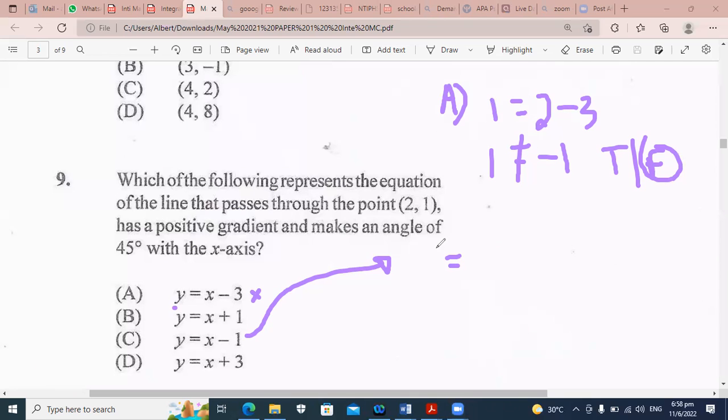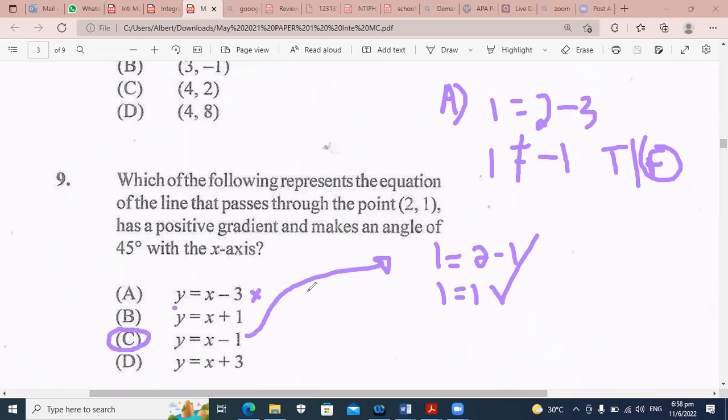So y is equal to 1, and x is equal to 2. So it's going to be 2 subtract 1. 2 subtract 1 is 1. Is 1 equal to 1? Yes. So therefore, C is the answer.